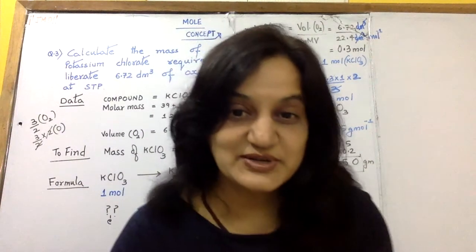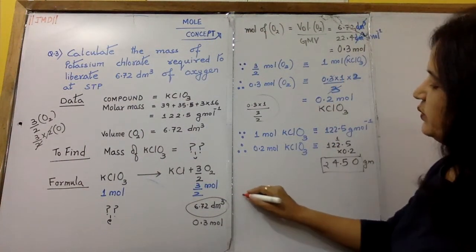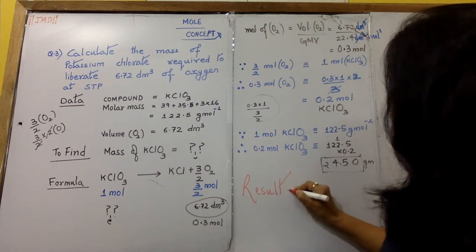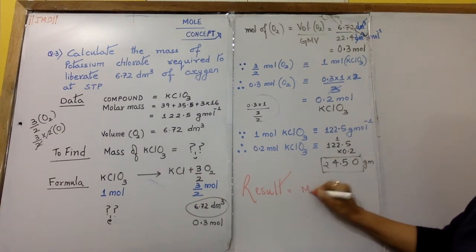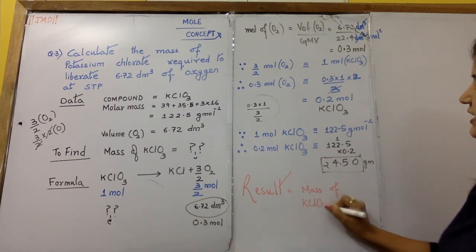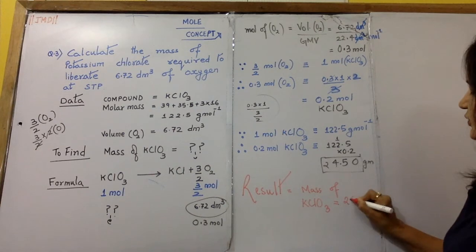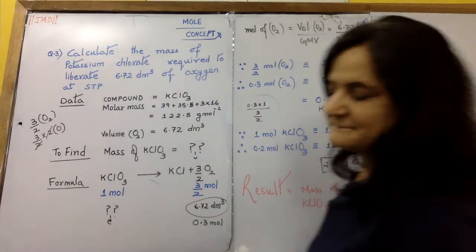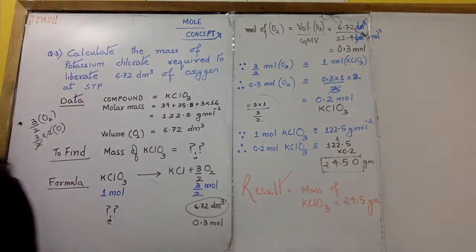So finally we'll write the result. What's the result? Mass of KClO3 is 24.5 gram. That's the way.